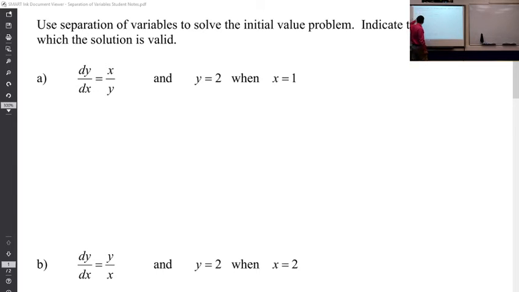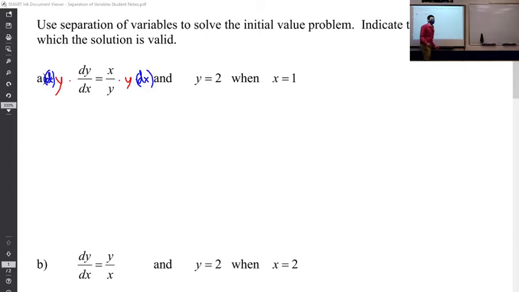So first off, I need to multiply by y on both sides to get everything with y on the left side. And then I also have a dx here. Well, that's got an x in it, so it can't be on that side. It's got to come on the other side. So we're going to multiply by dx on both sides as well.